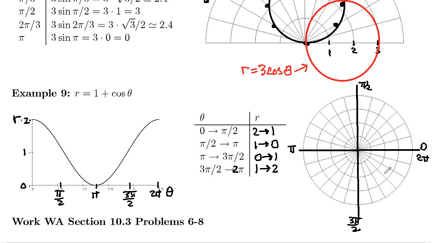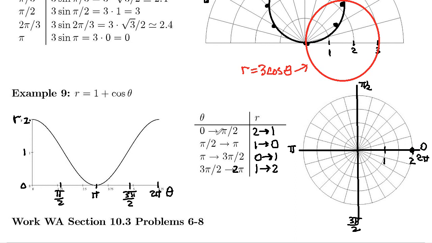And then our maximum radius is 2, so let's scale this off as 1 and 2. So first we start out when theta is 0, radius is 2. So radius 2, angle 0. So that is actually going to be out here. So you go out 2 radially.